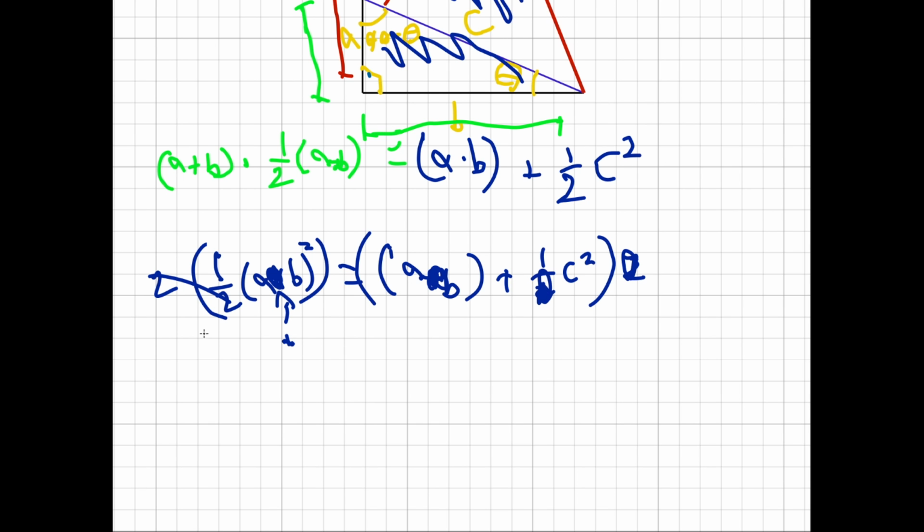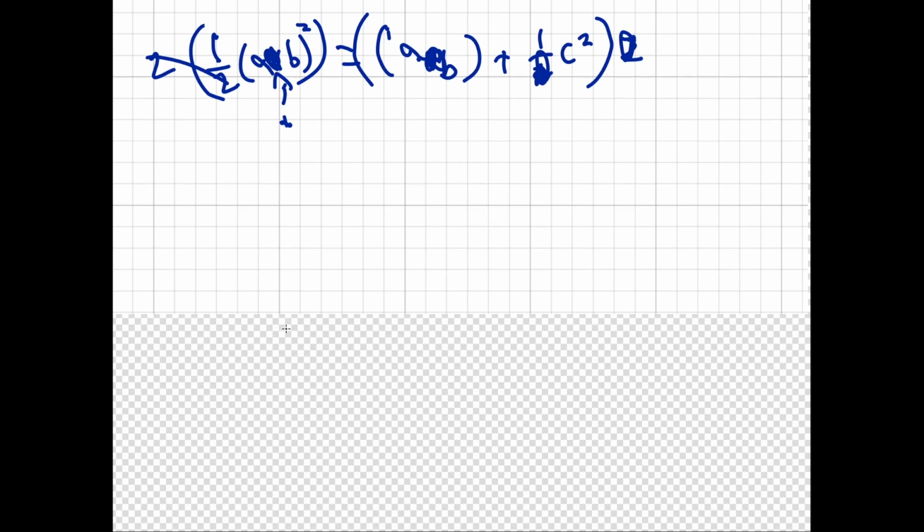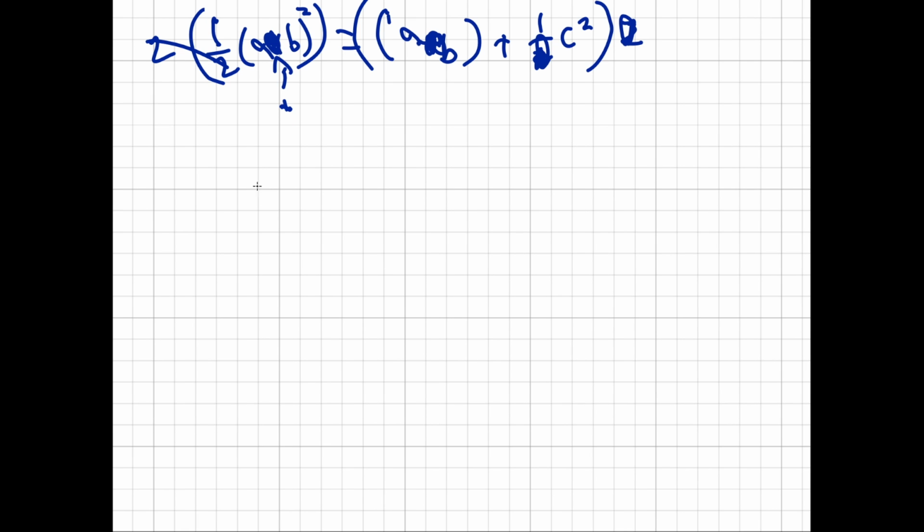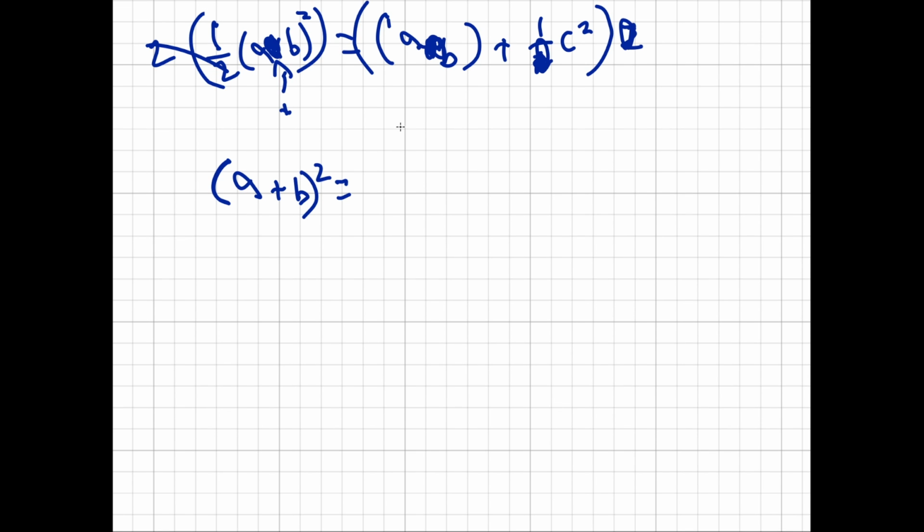Okay, so the final equation is a plus b squared is equal to, if that's a times b, then we can just write it as ab plus c squared. And actually it's going to be 2ab because we multiplied this whole thing by 2, so distributive property, so it's going to be 2ab plus c squared.